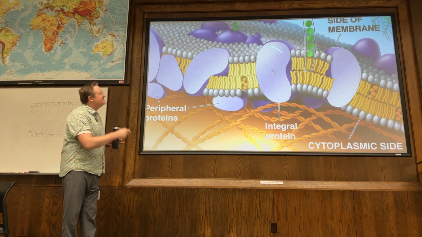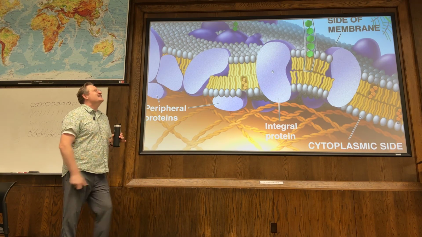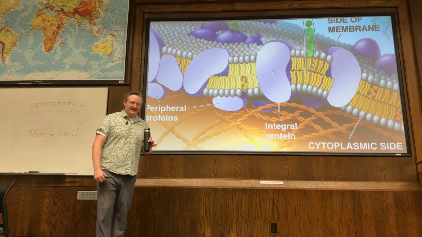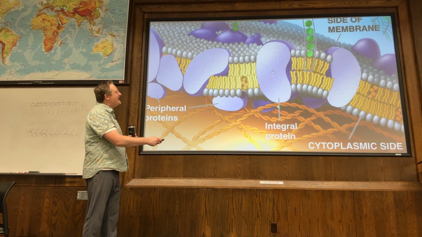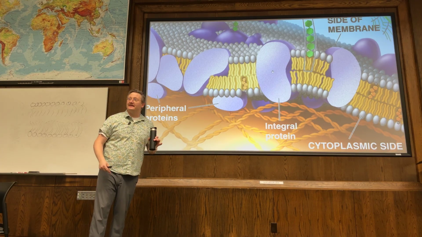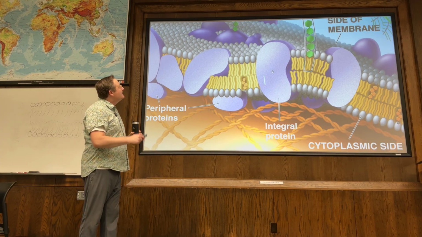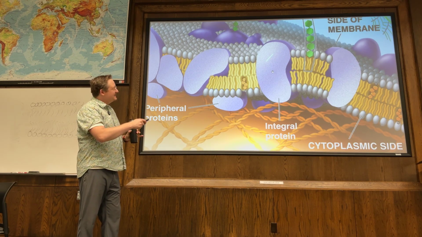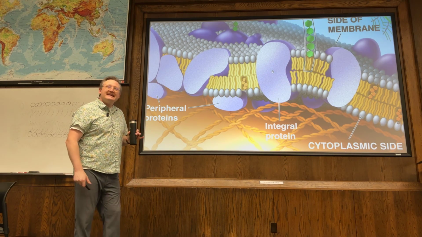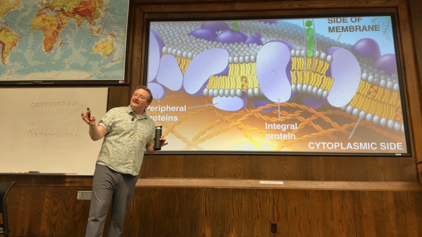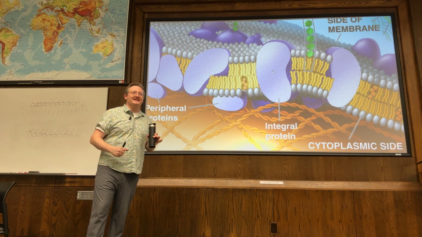Now, this is an integral protein, but it is also a transmembrane protein, meaning it fully spans the phospholipid bilayer. That's really important because if you want to, say, move something through this protein or transmit a signal through this protein, it needs to go all the way across the phospholipid bilayer and be a transmembrane protein.